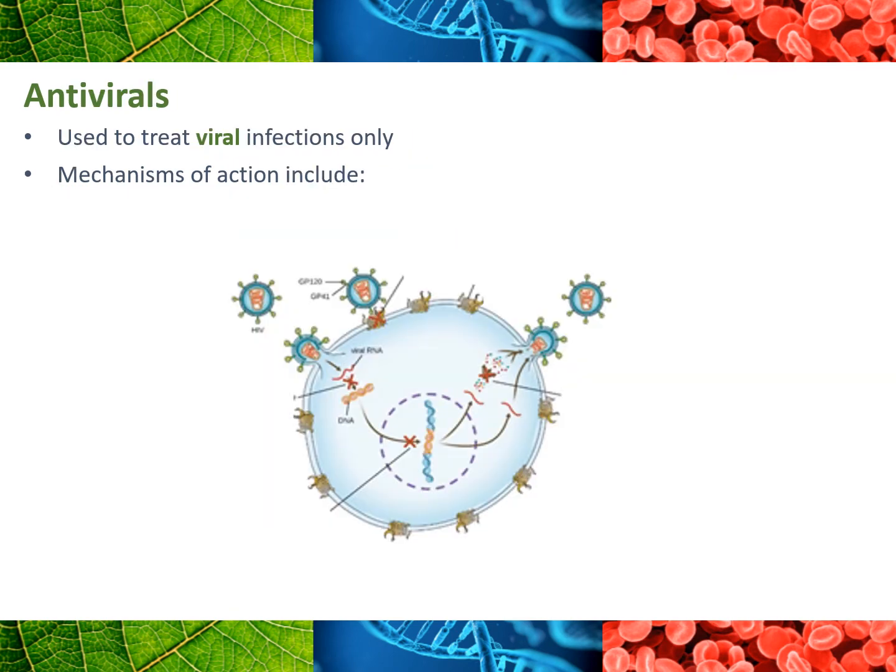All right, antivirals. And again, if you have forgotten the action of viruses, it's worth looking back at Unit 3 outcome 2 and looking at how viruses operate. But the important thing is viruses need host cells. Okay, a virus can't do anything unless it can get into a host cell and use that host cell's machinery.